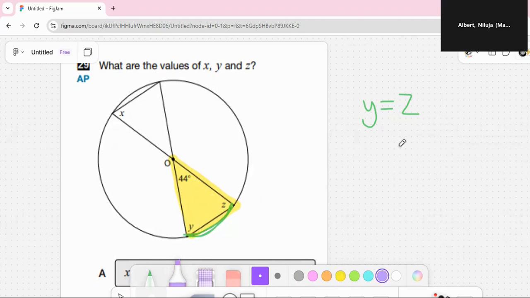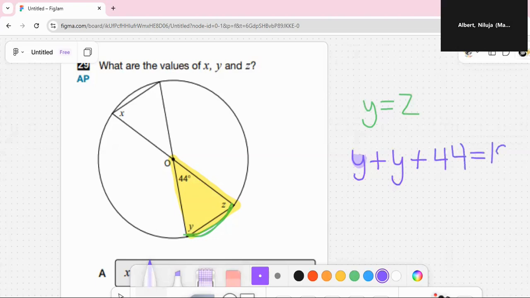So if I know that y plus z plus 44 has to be equal to 180 degrees, and y and z are equal, I can also say that y plus y, because they're equal, plus 44 is equal to 180 degrees.